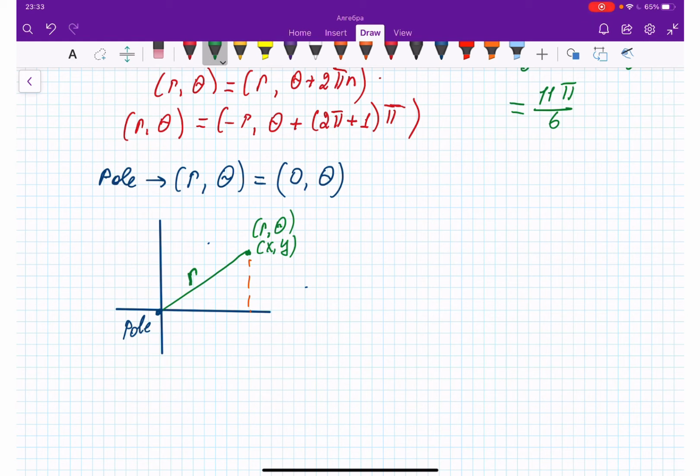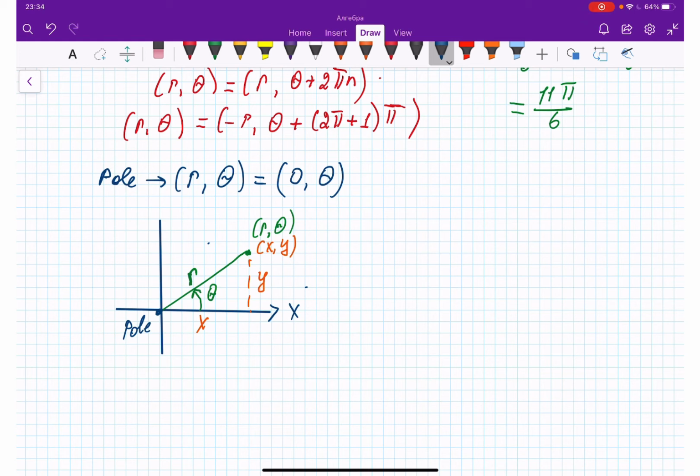Here we have theta, and let me change this color so we will know it's rectangular. And here we have y, and this is our x, right? And this is our polar axis, the polar x-axis.